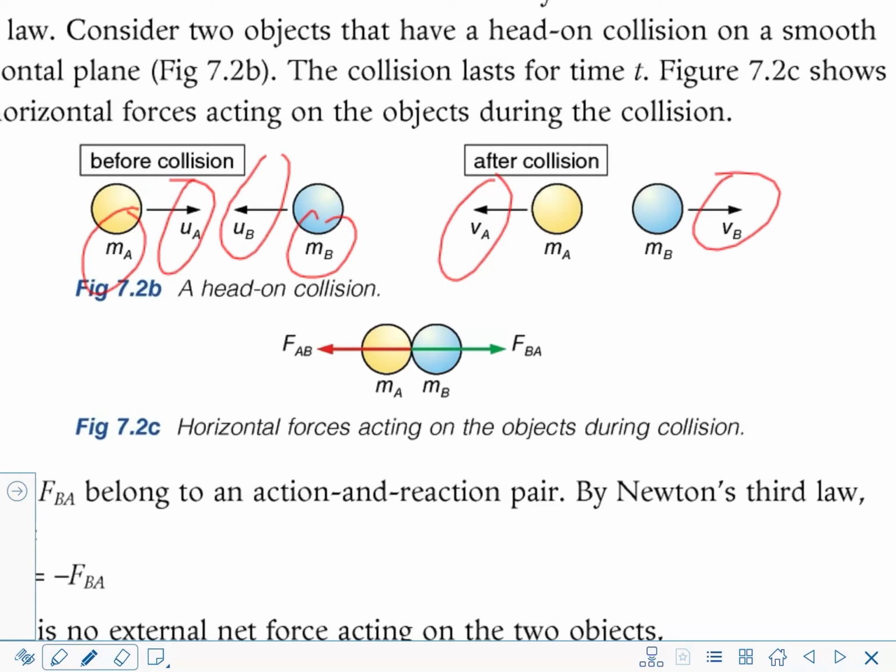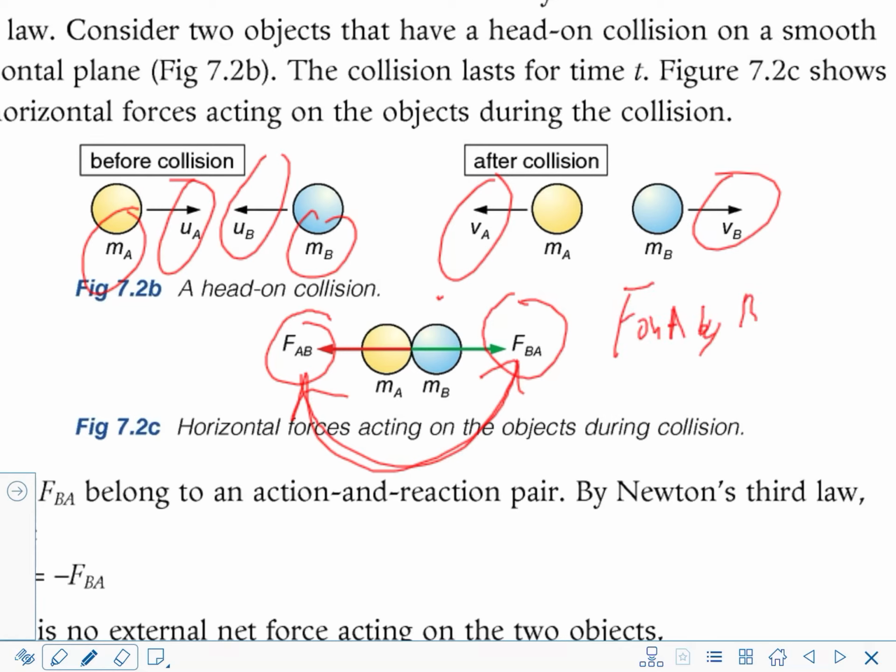During the collision, there will be a net force acting on each ball: the force on A by B, and also the force on B by A. What is the relationship between them? The answer is they are equal but opposite in direction, by the third law.